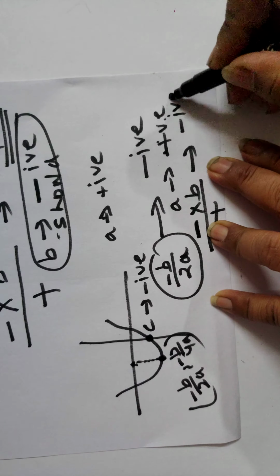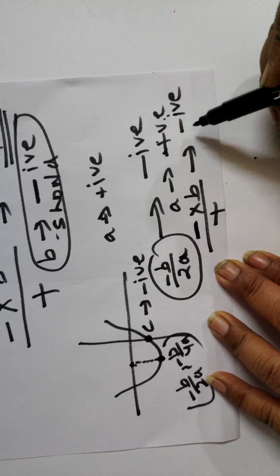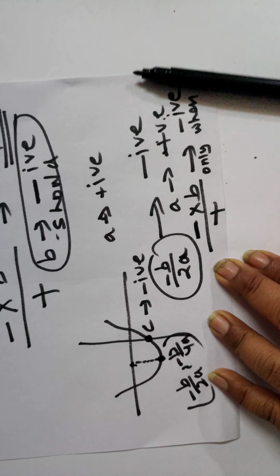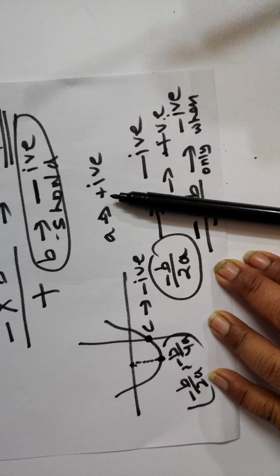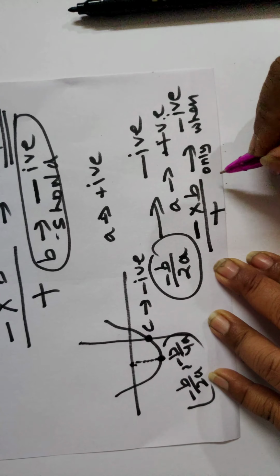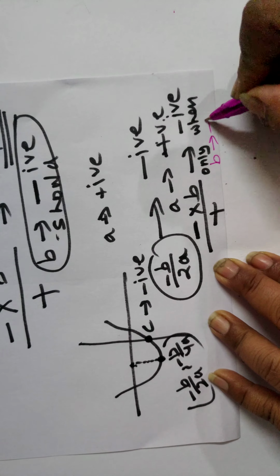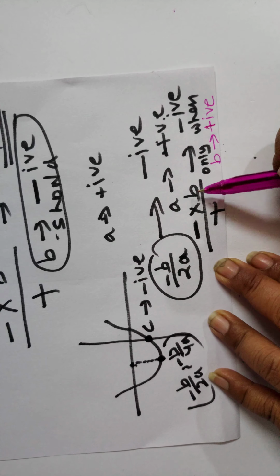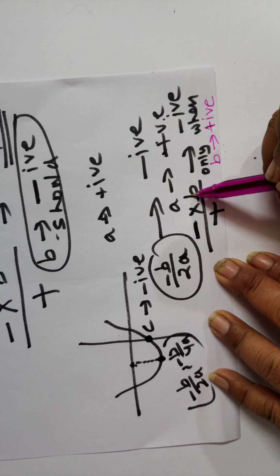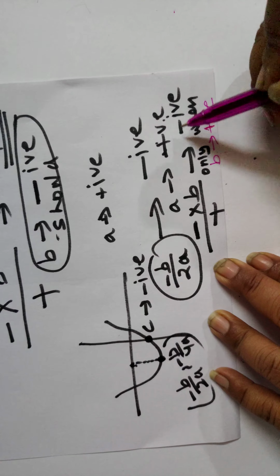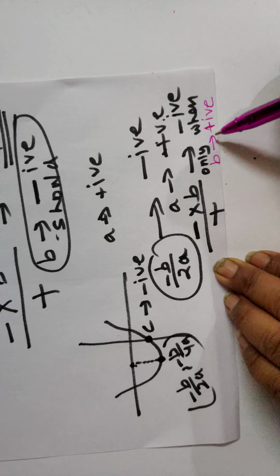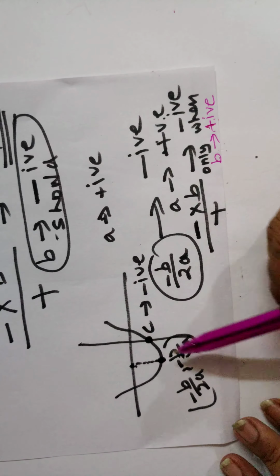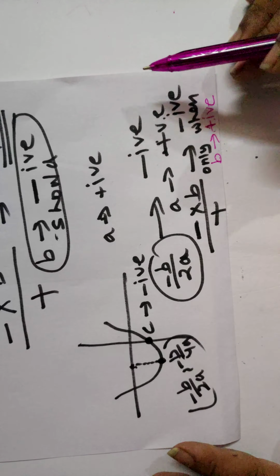That is possible only when b is positive. When b is positive, multiplied by the negative, that will give a whole quantity negative. So b should be positive. I hope that you have got all three pieces of information.